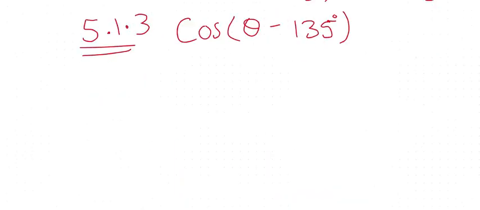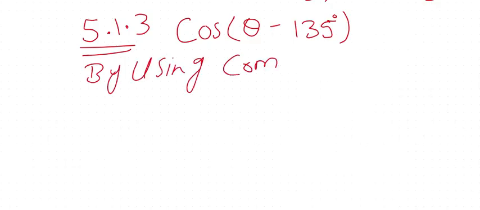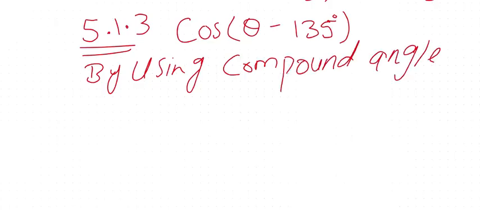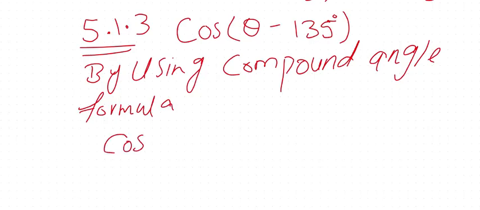Using the compound angle formula. What is the formula we have? We have cos(A minus B).